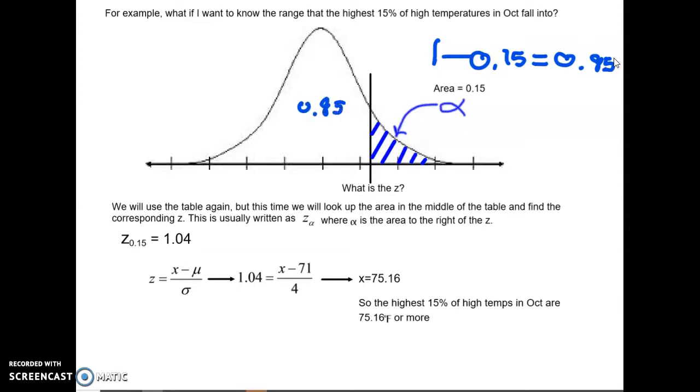That's because this area plus this area always have to equal 1 for the entire curve. So what they're really asking is, what is the x value that sits right there that outlines that 15%?